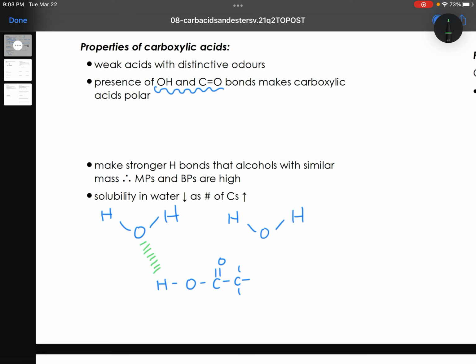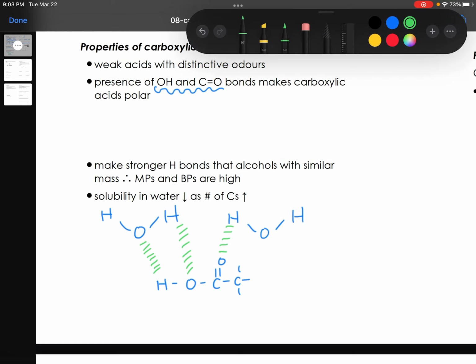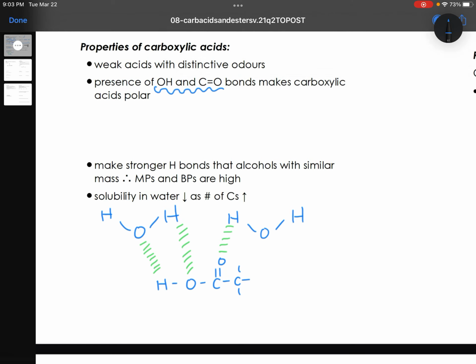And it can bond here. It could even bond here. So you can see that the fact that there's a C double bond O and an OH gives the molecule some pretty interesting properties compared to just an alcohol or just an aldehyde or ketone.